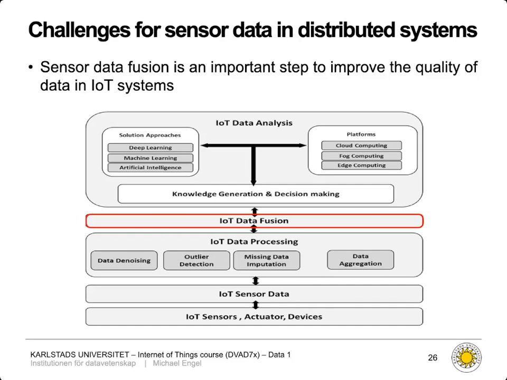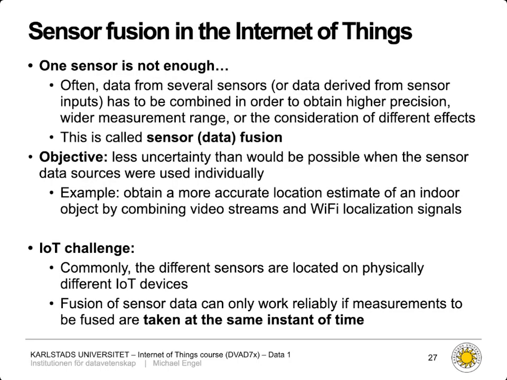So sensor data fusion: you have different IoT devices measuring the same physical effect with different sensors, and then you have to combine all these things. This is a very important step to improve the quality of data in IoT systems. As I said, one sensor is not enough. We want this sensor fusion, and this leads to less uncertainty than what would be possible with just a single sensor source.